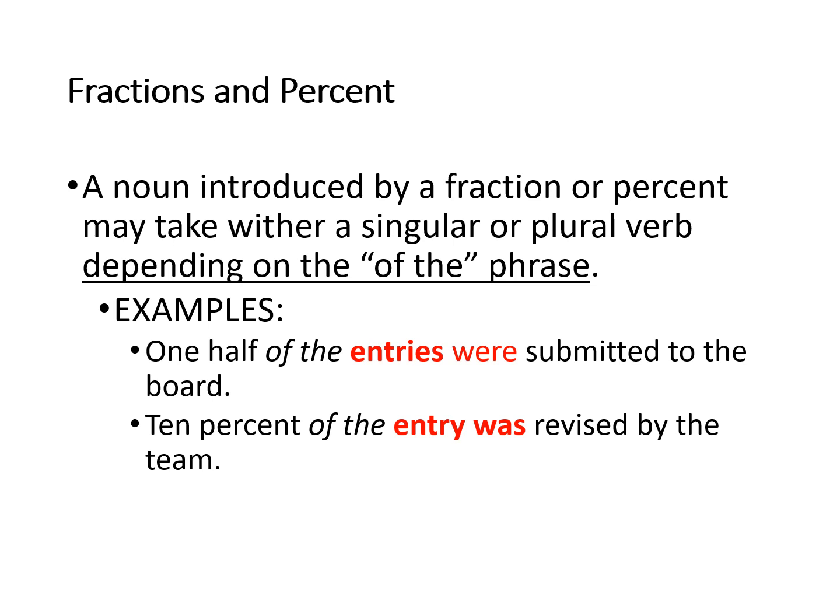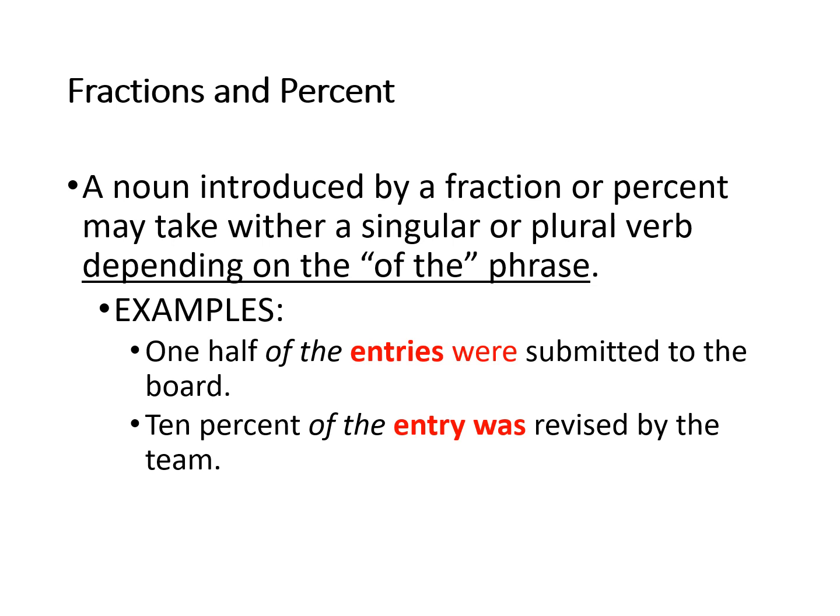When a noun is introduced by a fraction or percent, it may take either a singular or plural verb, and the number of the verb would be depending on the word that comes after the of phrase. Okay, so again, the number of the verb in an English sentence when a fraction or percent is present would be depending on the word that comes after the of phrase.